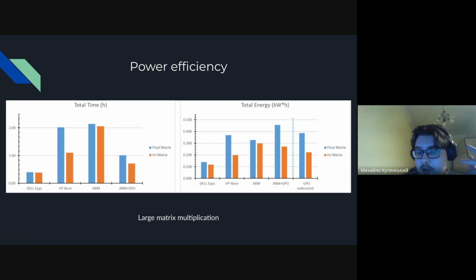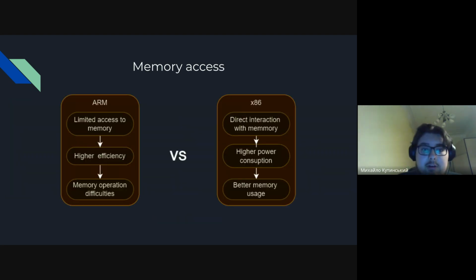Now we continue. On the other hand, we have new graphs that display the same metrics for another type of computation, large matrix multiplication. And as you can see, now the good old x86 Dell EPYC systems are faster and use less power. Now there's a question: why? The answer to this is efficiency, but we thought that was a good thing.